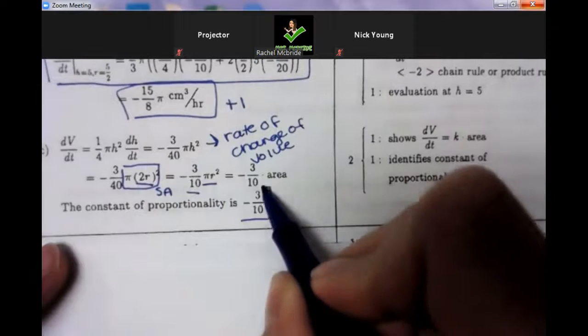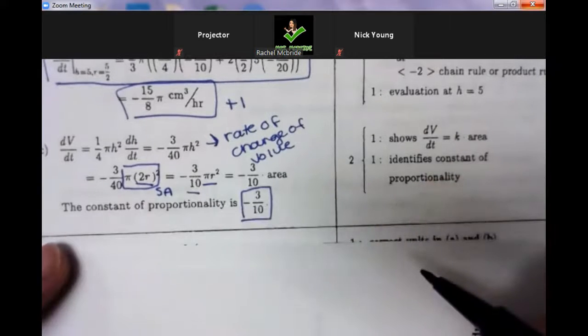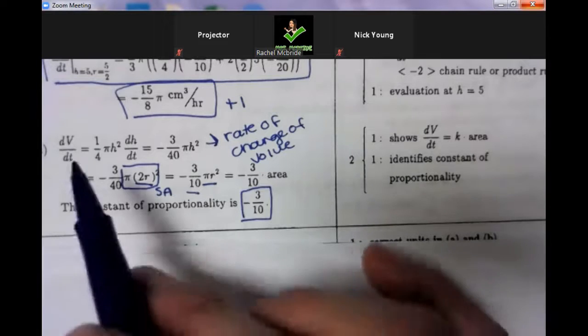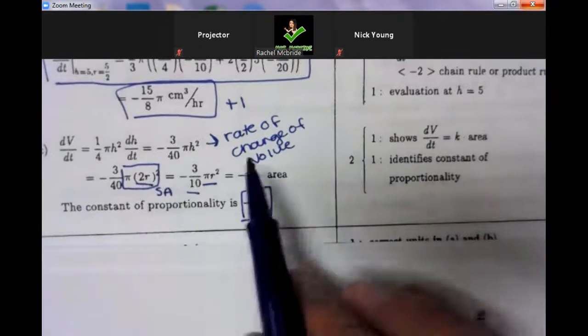Therefore, the radius is changing with respect to the rate of change of the height. That should make sense, since this is a cone whose width and height are both 10 over 10, then the radius is changing at the same rate the height is, which is negative 3 over 10. That is our constant of proportionality. So you got 1 for dV/dt times k times area.